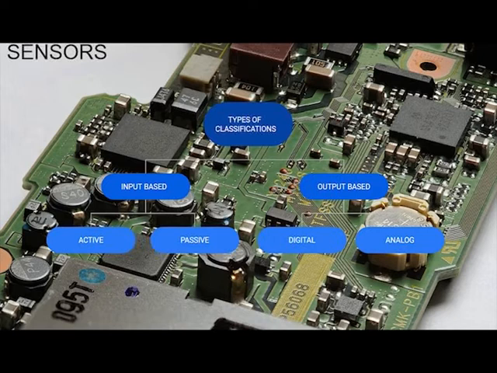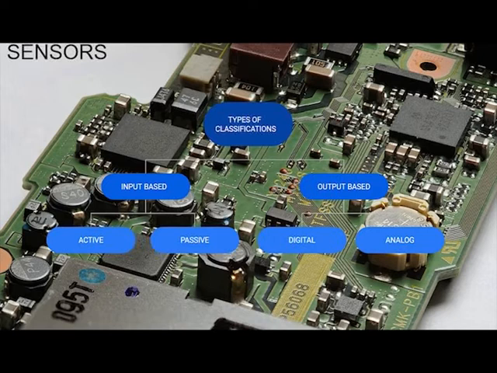The information conveyed to the electronic device is the electrical impulse generated by the sensors. The classification of the sensors can be based upon input and output of the sensor. When we base it upon the input, the sensors can be of two types, active and passive.